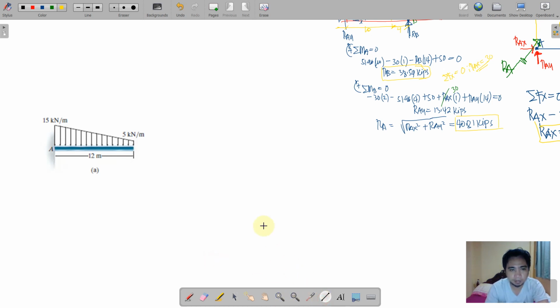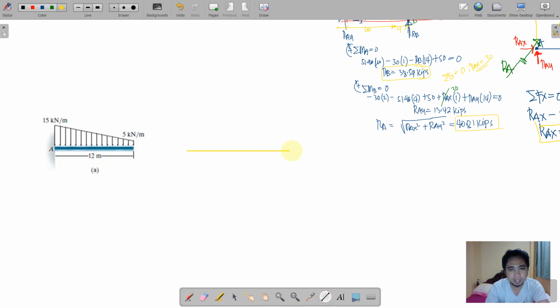Okay, for the next example, we have here a cantilever beam with a trapezoidal distributed load. We have the maximum pressure to be 15 and the minimum pressure is 5 kilonewton meter, both at the edge of the beam here. So we have to illustrate here an idealized structure and then come up with the drawing or the free body diagram.